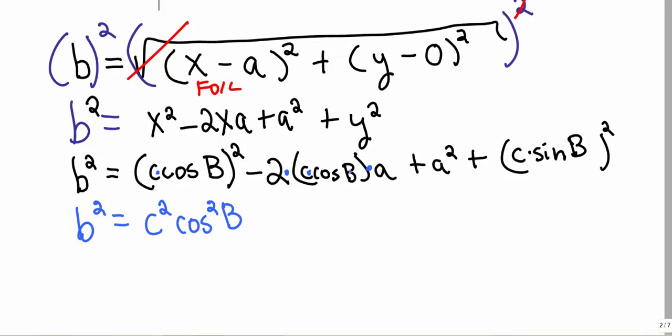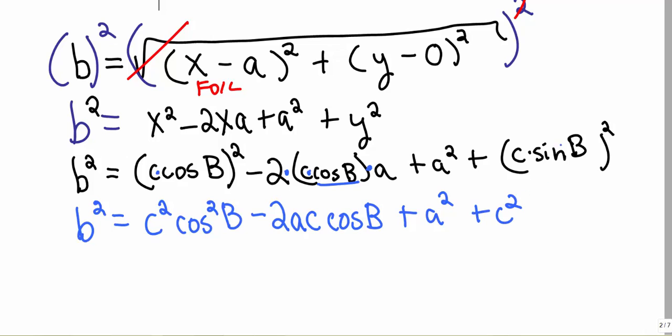We have four things multiplied together. I'm just going to rearrange the way it looks. So I'm going to write this as minus 2 times a times c times cosine of angle b. We have our plus a squared. And then we're going to square this as well. C times c would be c squared. Sine b times sine b would be sine squared b.